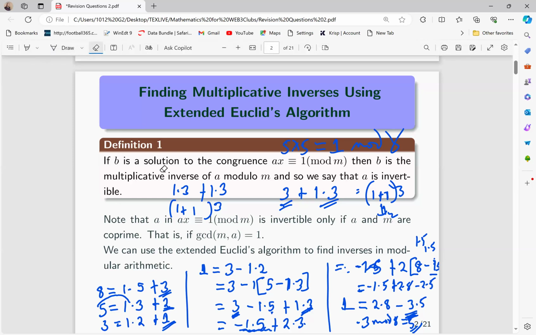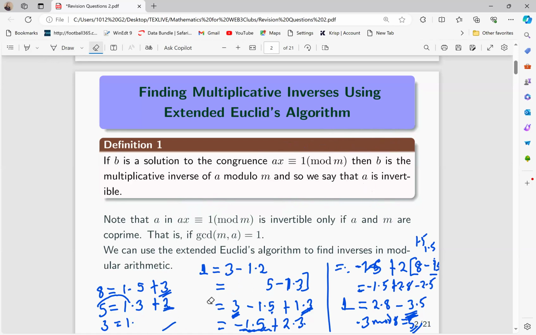Now, the method we've used is the extended Euclid's algorithm. Of course, we have other methods, but I want us to know this first, so that when we look at RSA again and other applications where we are getting inverses, we can use it also.